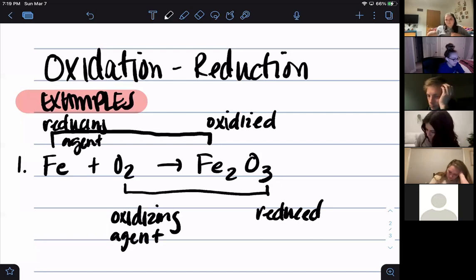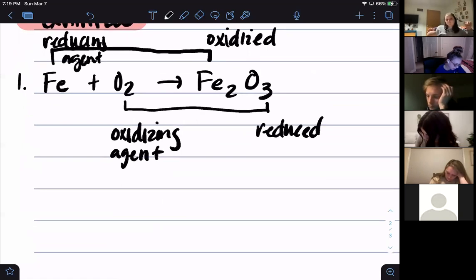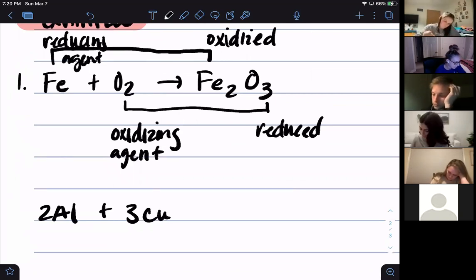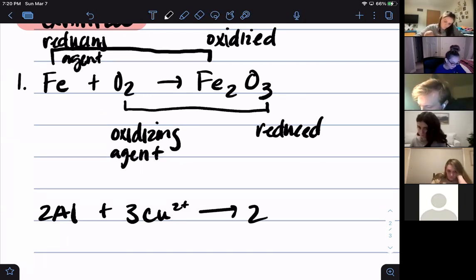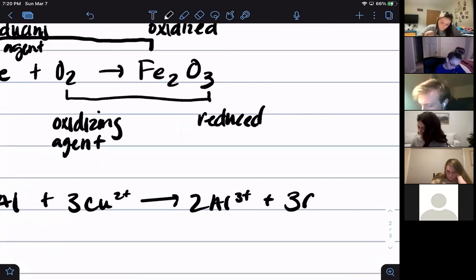Another example that you might have is something that looks like this. Al plus 3C.